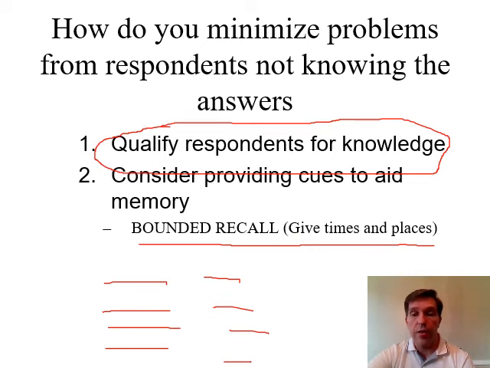And the reason why you do this is because it's a lot easier to pick things from a list than it is to recall the actual names of that set of, for example, brands in our case. Okay, so sometimes the task may be too difficult and people are just gonna freeze, so you might want to help them a little bit.